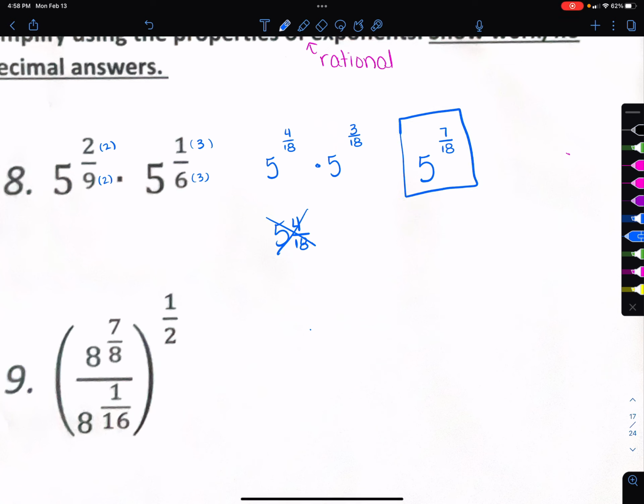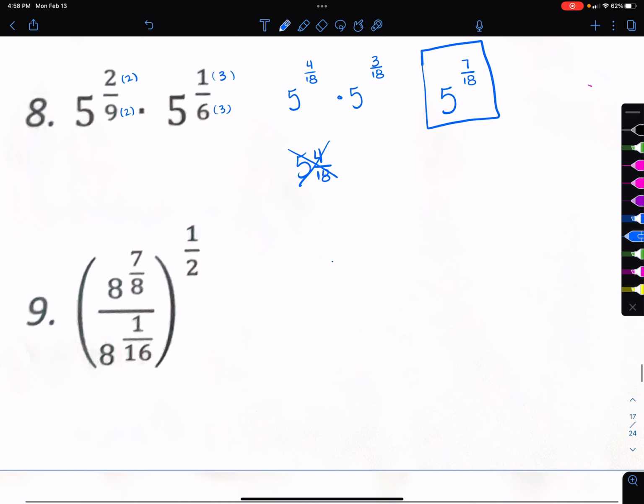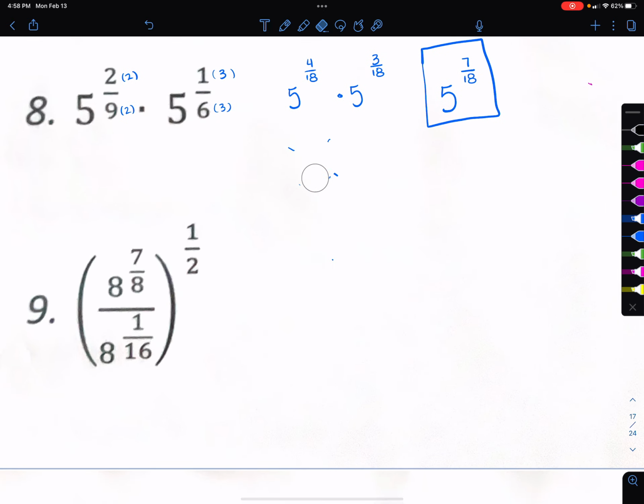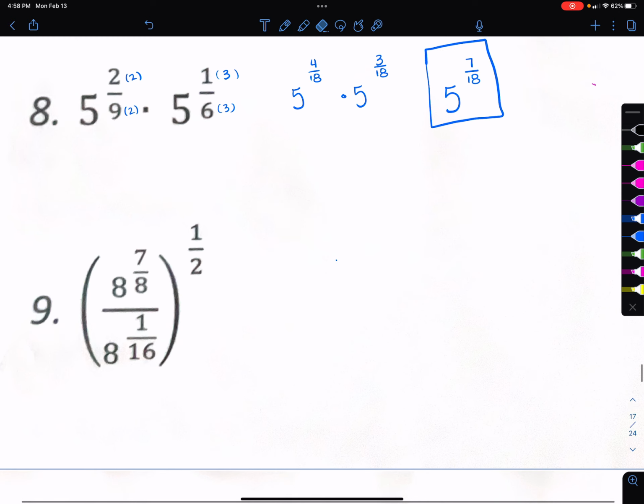Okay. All right, on number 9, we have 2 things actually happening here. On number 9, we have the quotient of powers, and we also have the power of a quotient because there's a power on the outside. Now, there's 2 ways that we can do this. I'm going to talk about the one where I simplify what's in the parentheses first. So I'm just going to look at this here, and then I will worry about the power on the outside.